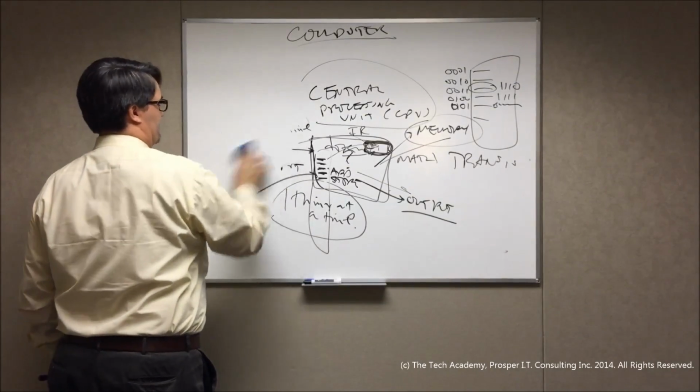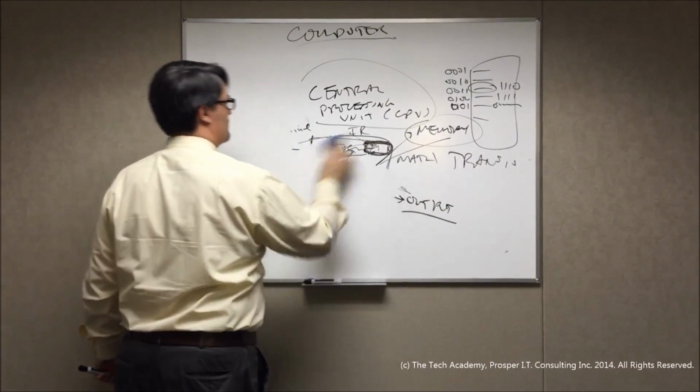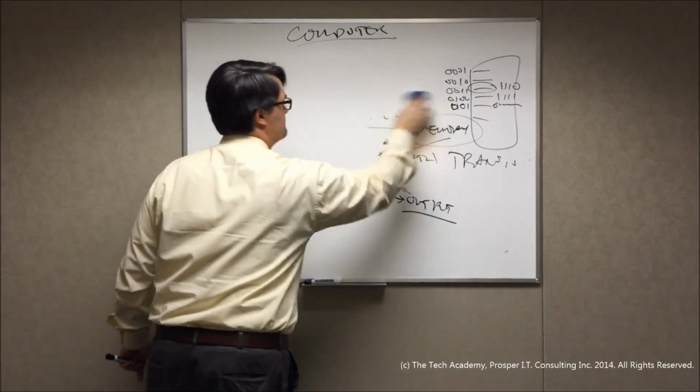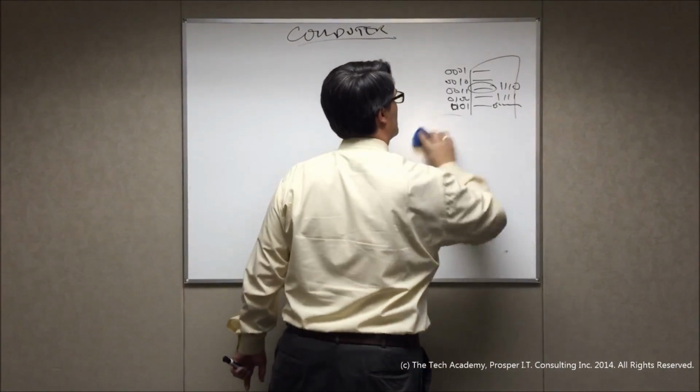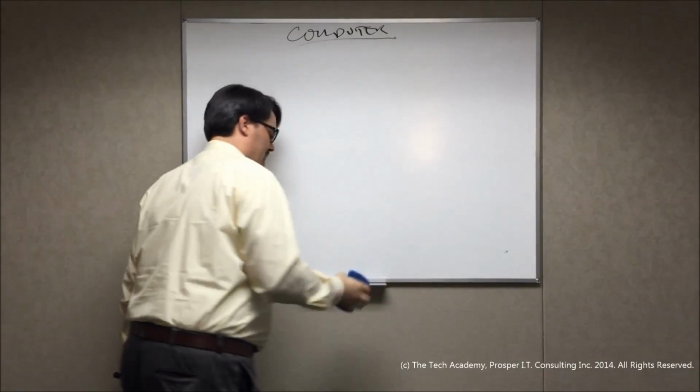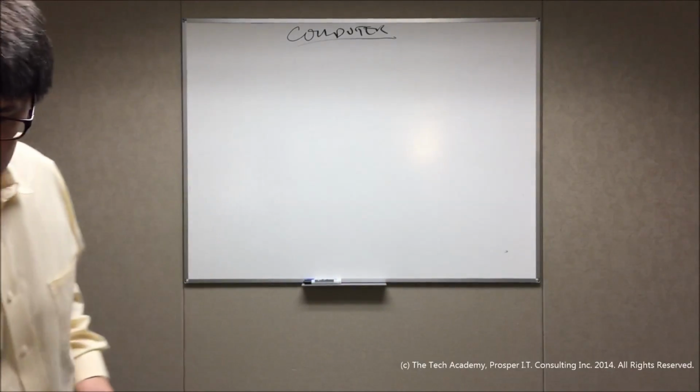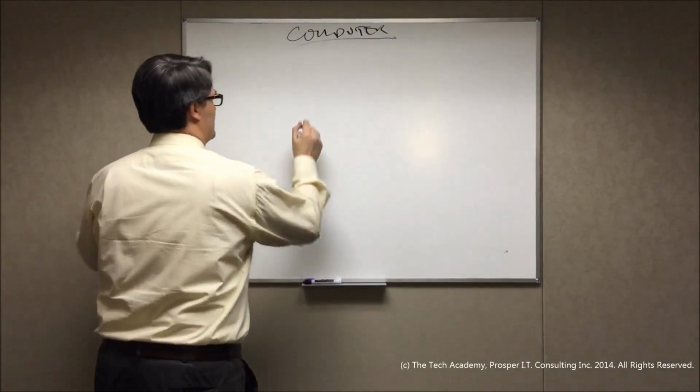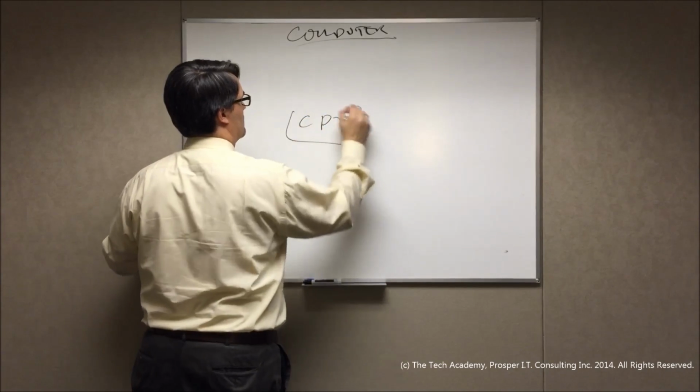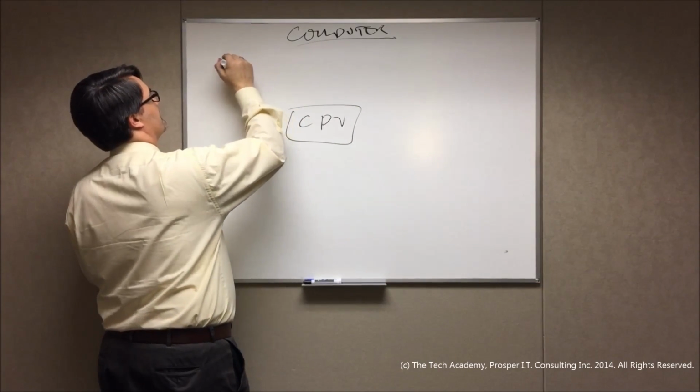So, a couple other elements of this. What's a hard drive? Let's go back in time a little bit. We talked about this CPU, and it needed to store things. It needs a memory.